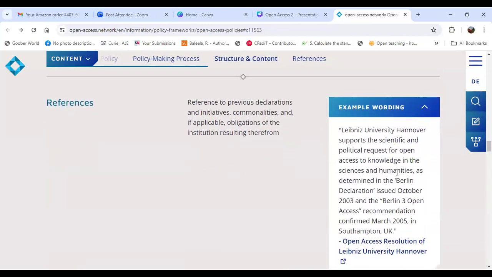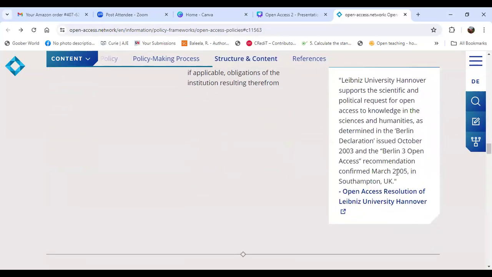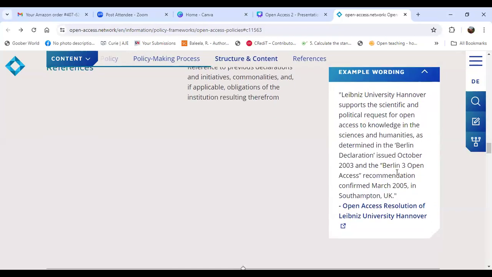For example, in Leibniz University Hanover, their reference was like this: Leibniz University Hanover supports the scientific and political request for open access to knowledge in the sciences and humanities, as determined in the Berlin Declaration issued October 2003 and the Berlin III Open Access Recommendation confirmed March 2005 in Southampton, UK. So sometimes you need to add references to previous declarations.